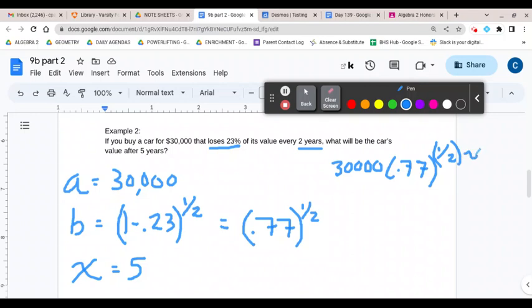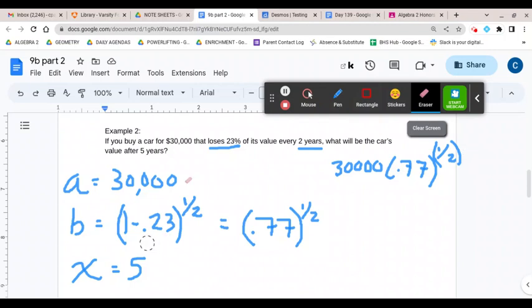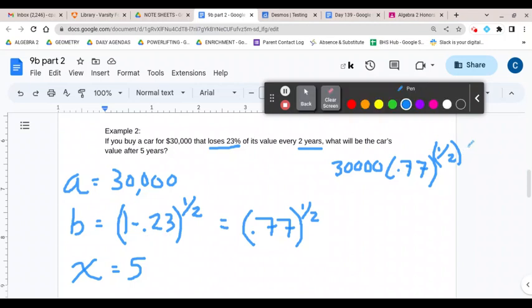And then we're also going to raise it to the, X is 5, so we're going to raise that to the 5th power. So 30,000 times 0.77 to the 1/2 power to the 5th power.